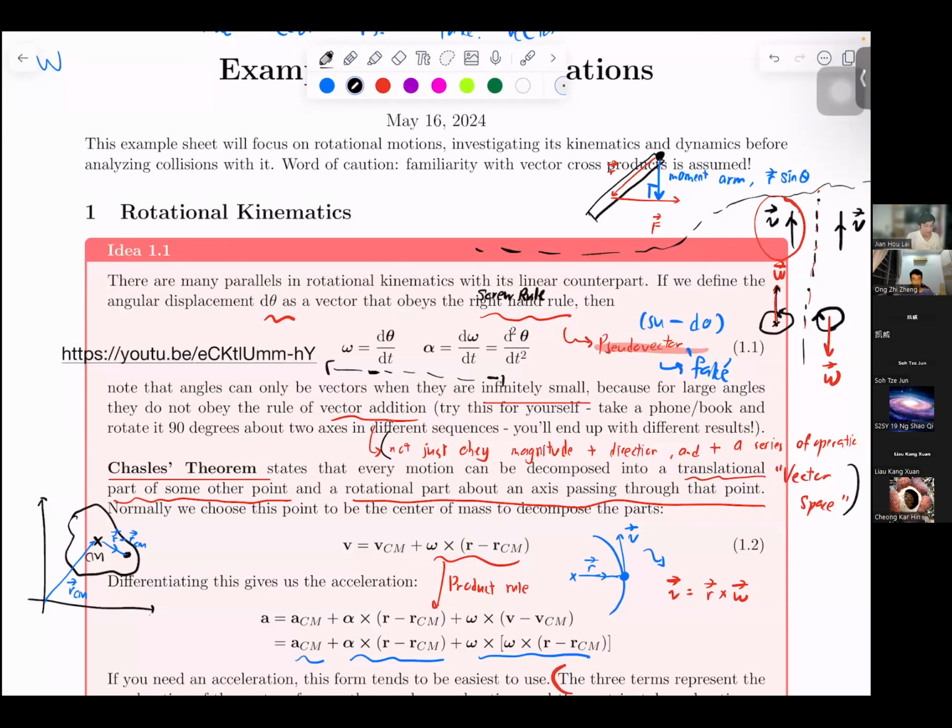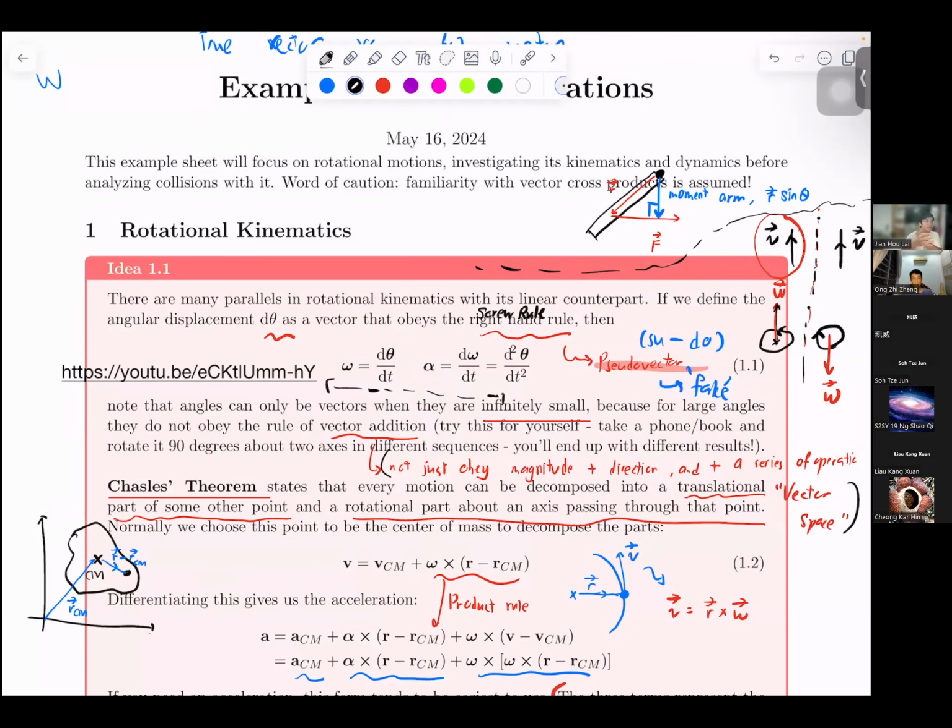Also keep in mind that when we talk about angular displacement alone, it is not a vector, because when you do angular displacements consecutively, theta one, theta two, and reverse the order, you can try it with your books, you'll find that the angular displacement is not commutative.